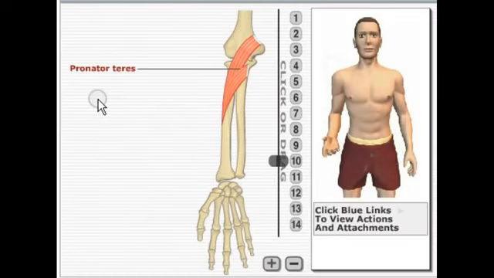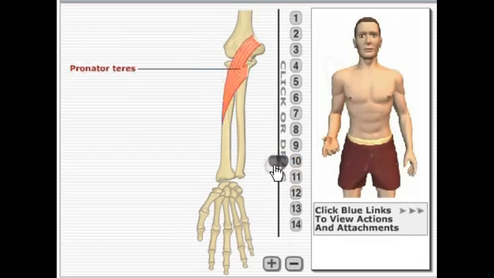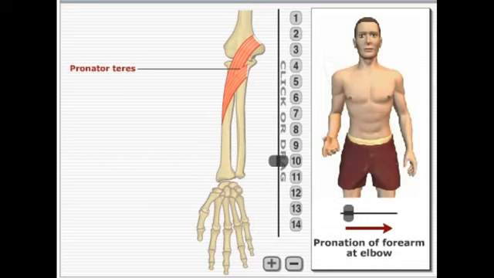Here we have pronator teres. It's going to have two origination sites. The first one is the medial epicondyle of the humerus, and the next is the coronoid process of the ulna. Both of these wrap around and insert on the mid-lateral surface of the radius. The action it performs is pronation of the forearm, and it also flexes the forearm.